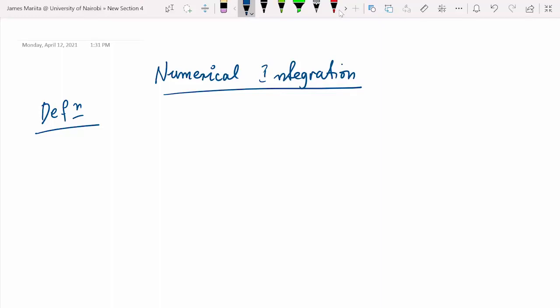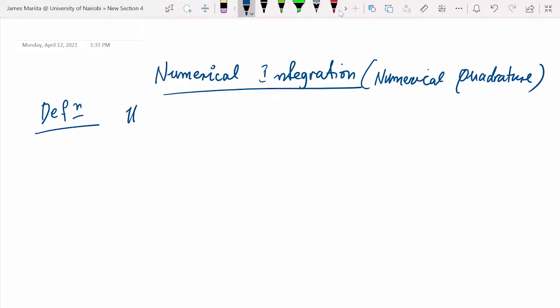Very fast, something on numerical integration. And this numerical integration is sometimes called numerical quadrature. Numerical quadrature.